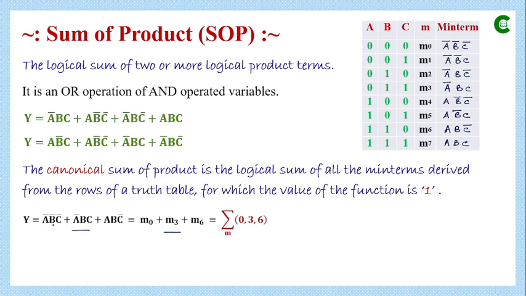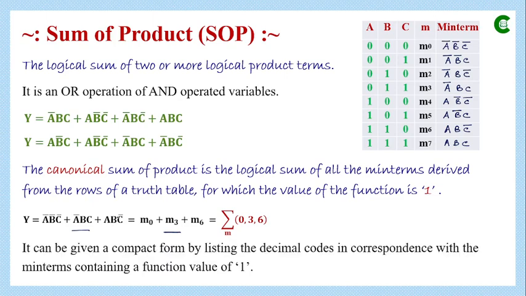So a bar, b bar and c bar, we already know that the equivalent min term is m suffix 0, or m naught. Again the second min term is a bar, b, c. From this truth table we can find that a bar b c is nothing but m3. So that min term is represented by its corresponding min term number, and the same logic is applicable for all other remaining min terms in that logical function.